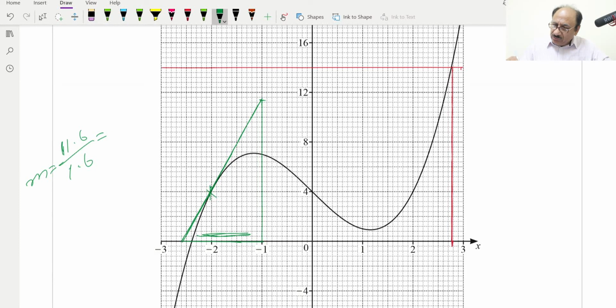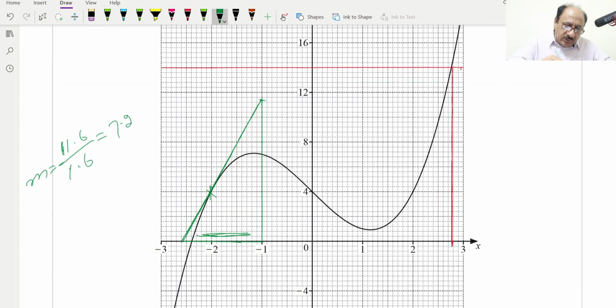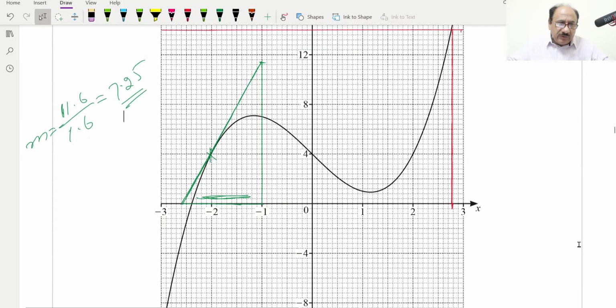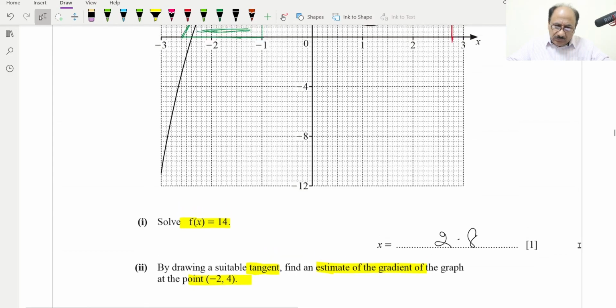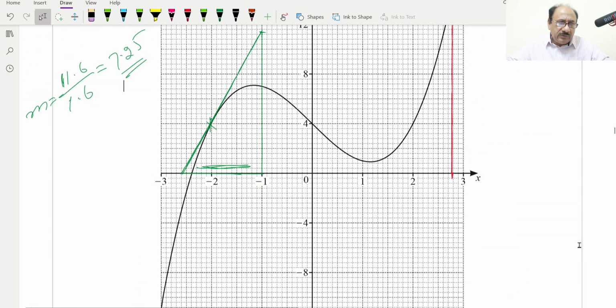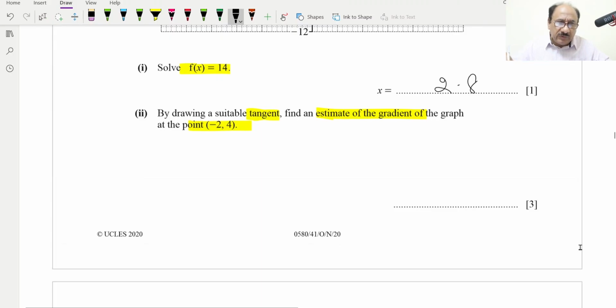This will be 11.6 divided by 1.6, and this is equal to 7.25. This will be the gradient, and 7.25 will be our gradient, which we can write over here, which is 7.25 basically. I will write this one.